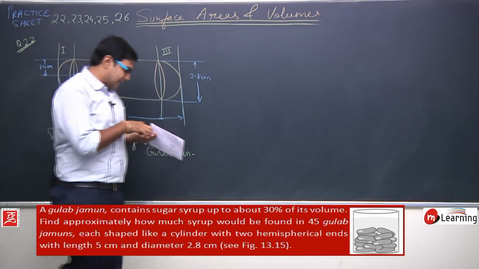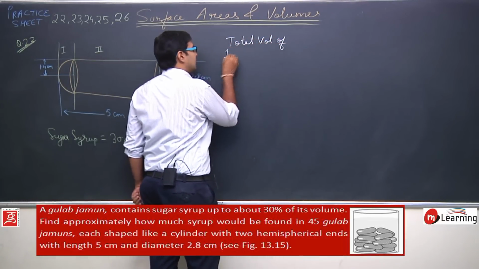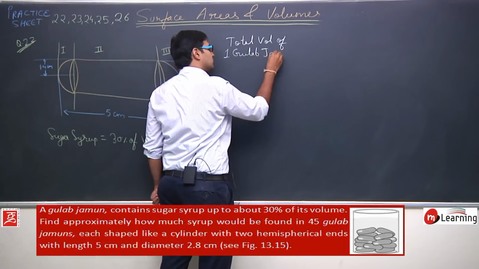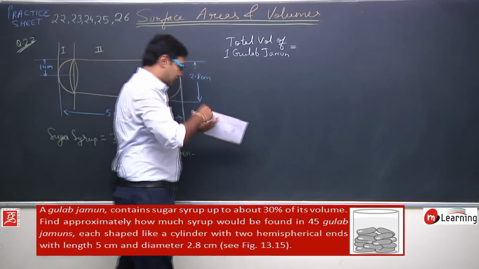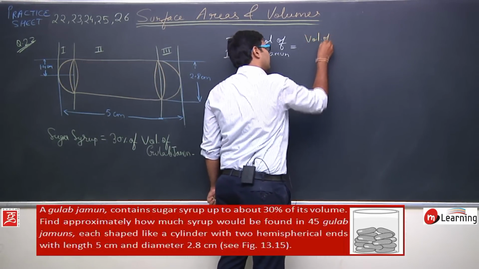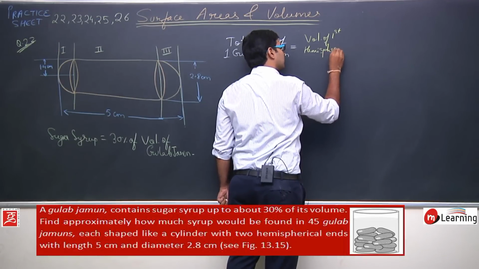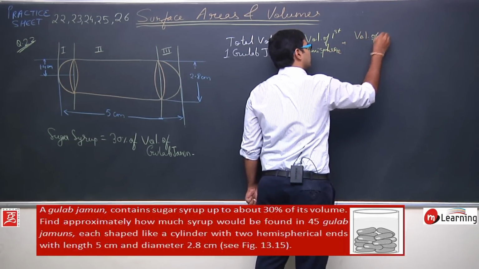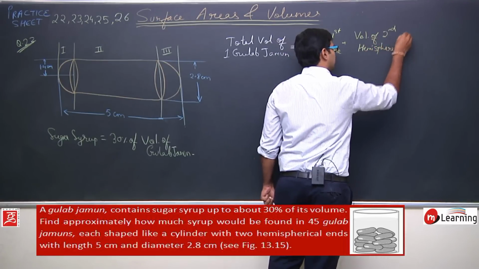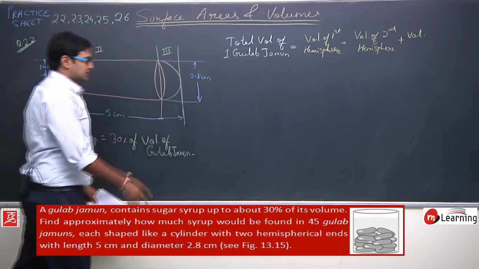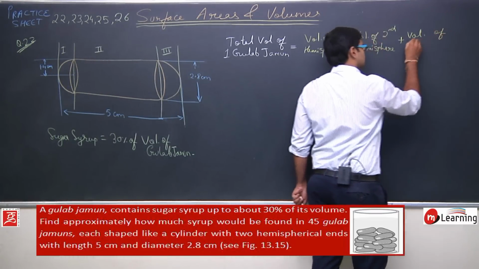So I can write: total volume of one gulab jamun is equal to volume of first figure plus volume of second figure plus volume of third figure, that is, volume of first hemisphere plus volume of second hemisphere plus volume of cylinder.